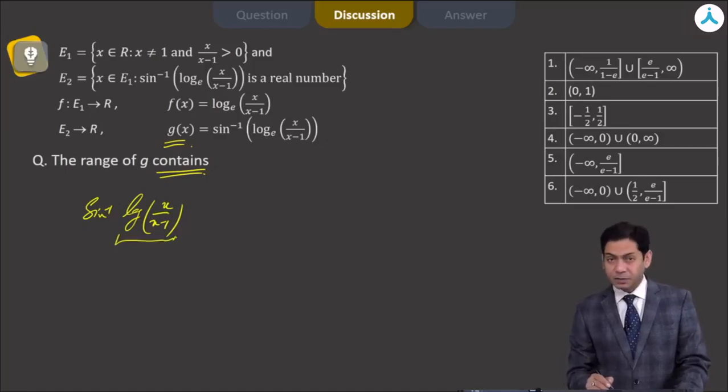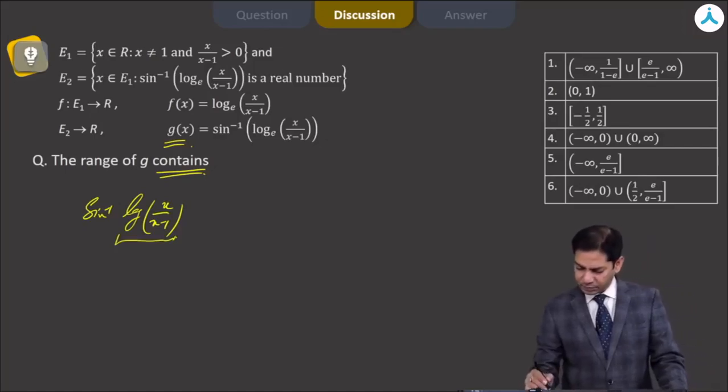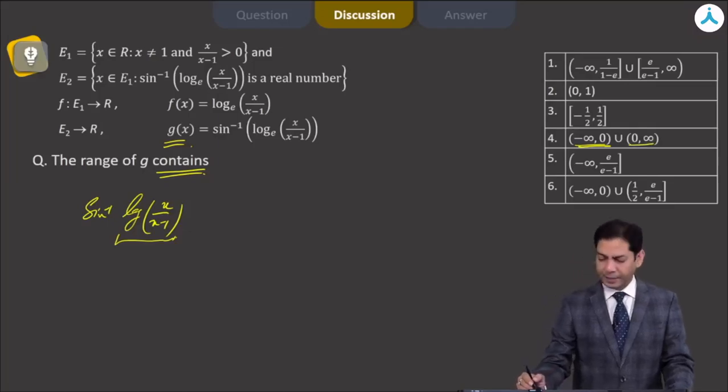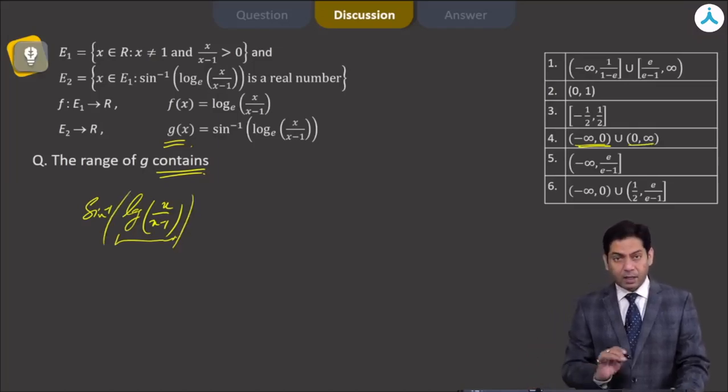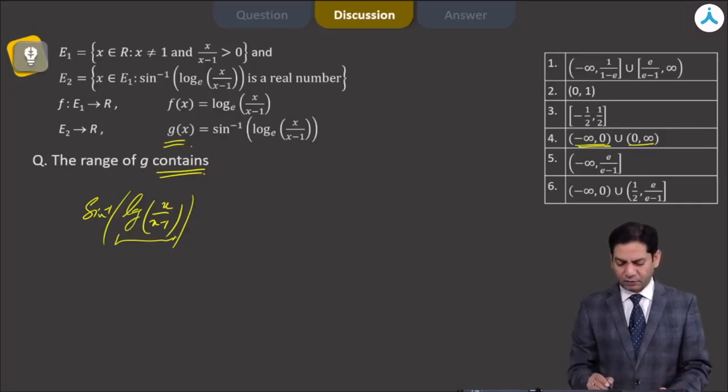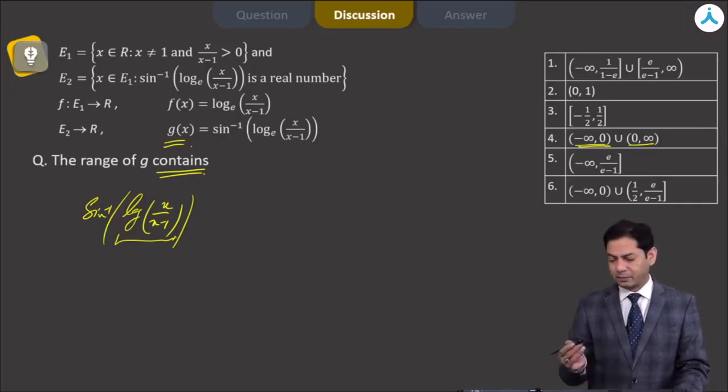Log of x upon x minus 1, the range was minus infinity to 0 and 0 to infinity. That means if x is not restricted, then this function log of x upon x minus 1 will end up giving us all the real values except for 0.